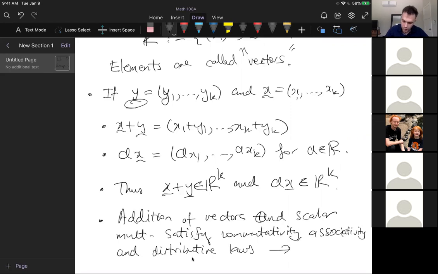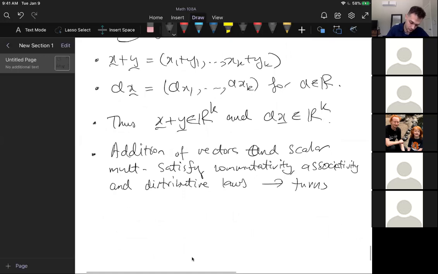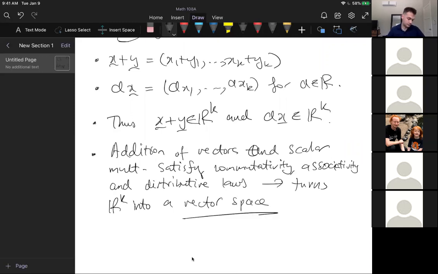And so it turns Rk into a vector space over the real field, because that's what the scalars are here.